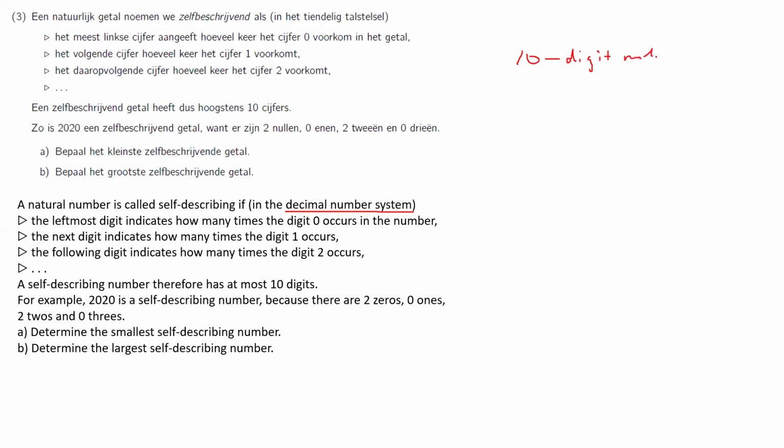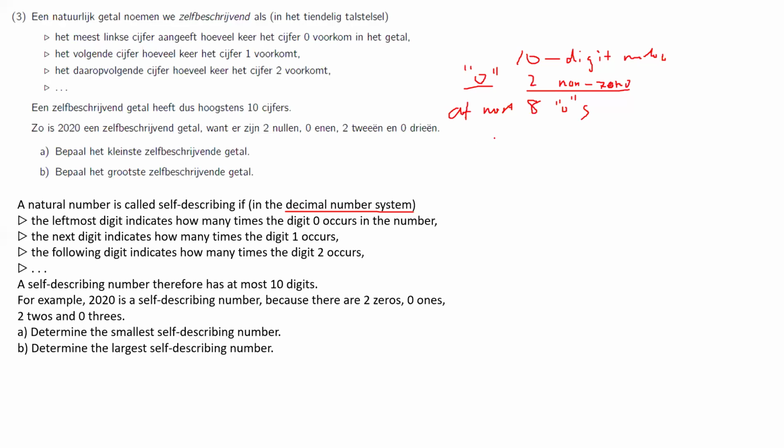We know from lemma 2 that there's at least one 0 and at least two non-zeros. So that means we have at the most 8 zeros, because we have 2 non-zeros, right?